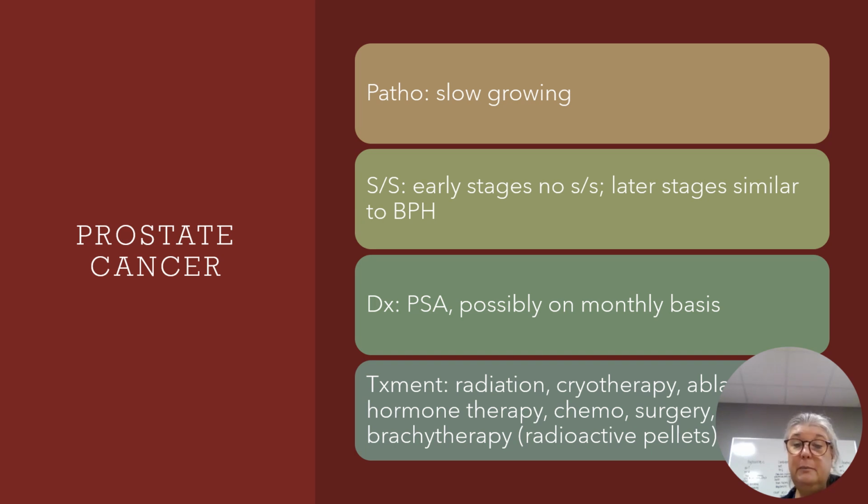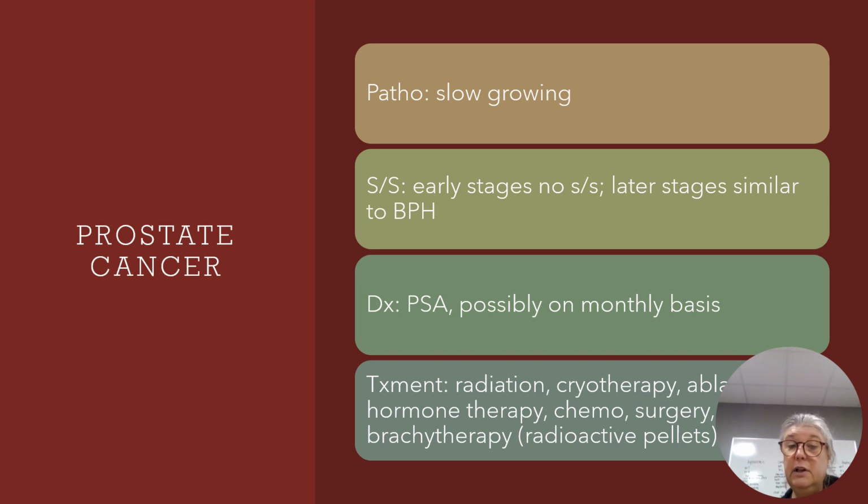Let's see. So treatment options, you can do radiation, cryotherapy, ablative hormone therapy, chemotherapy. Brachytherapy is where they place radioactive seeds or pellets in the prostate through the perineum. This targeted type of therapy is used with lots of different types of cancers. The pellets are actually left in there, okay?